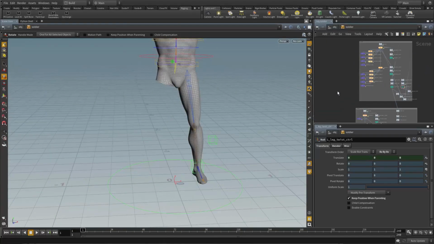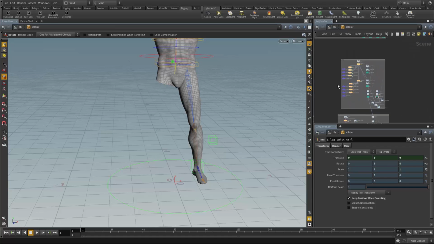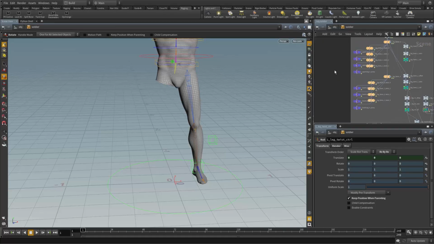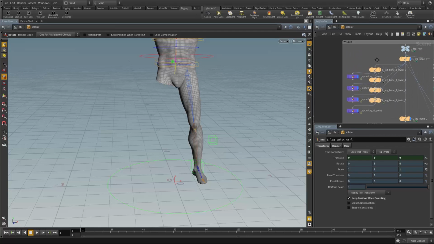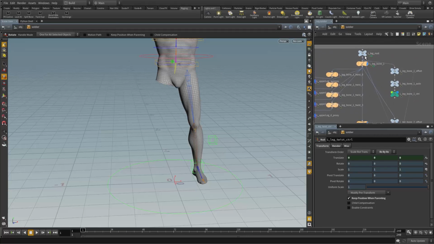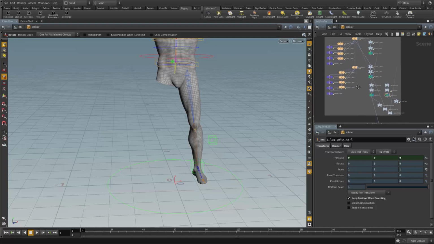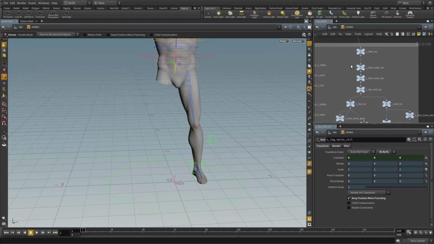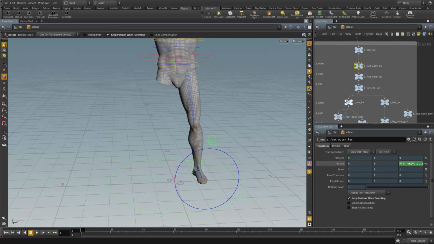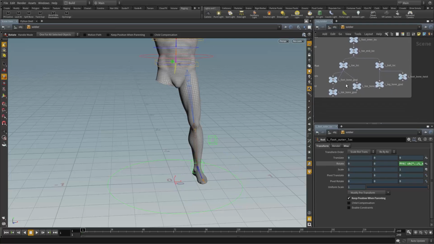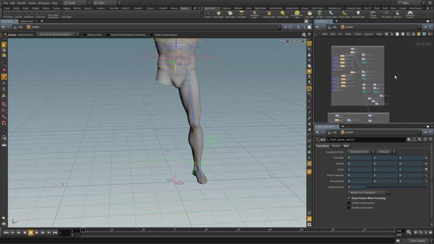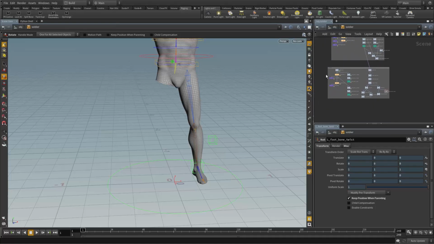So I've spent a few minutes going through all of the nodes that we've made for our left leg and left foot, making sure that everything is named correctly and that every node that should not be displayed or selectable has been turned off. I've also gone through and locked out all of the parameters that should be locked. And on the goals and twist objects, I've locked all of their parameters, just in case they get selected somehow and moved around. And then I put the left leg into a net box and the left foot into a net box.